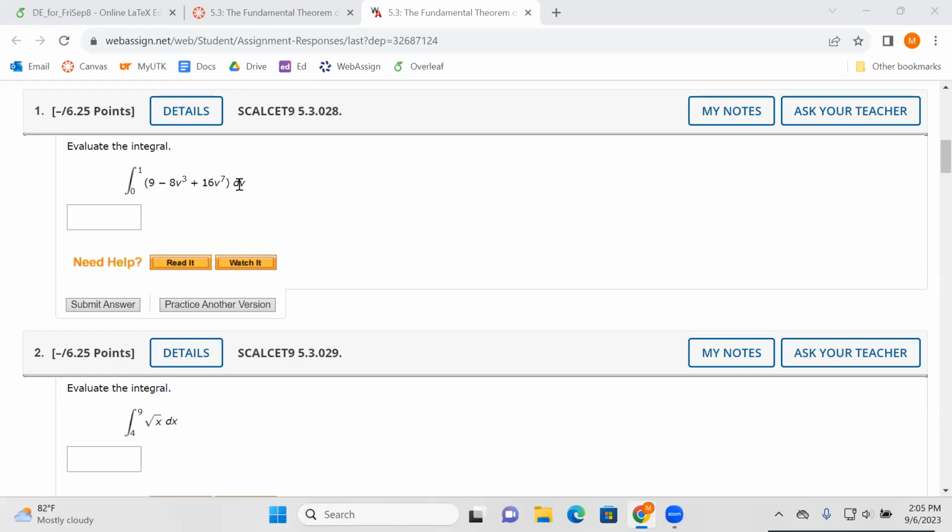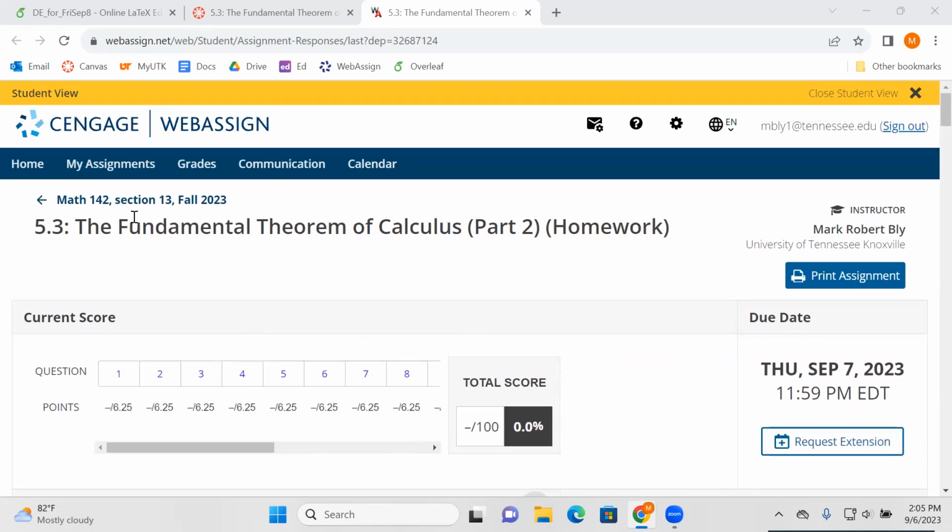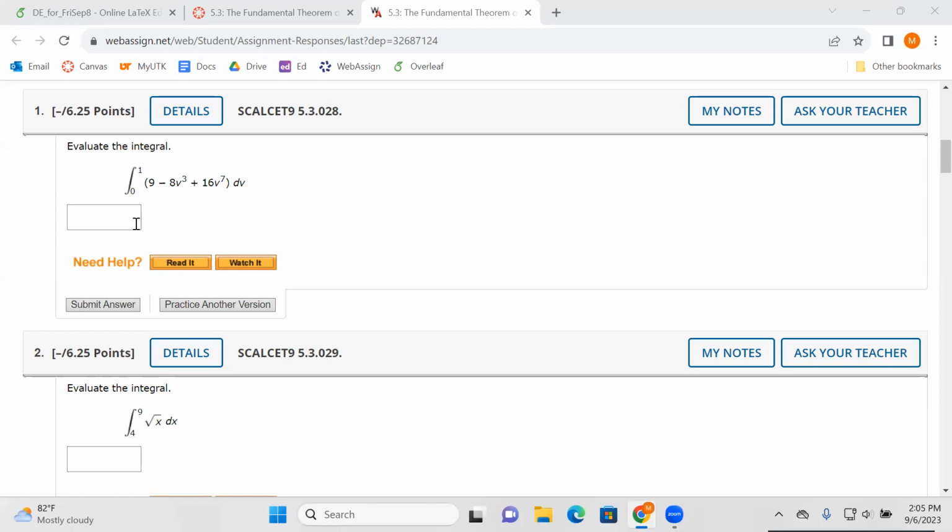All right, so let's take a look at the exercises from 5.3 part 2 that are on WebAssign. So look at this first one. Well, first off, the main idea here is centered around the second fundamental theorem, the capital F of B minus capital F of A business for evaluating a definite integral.